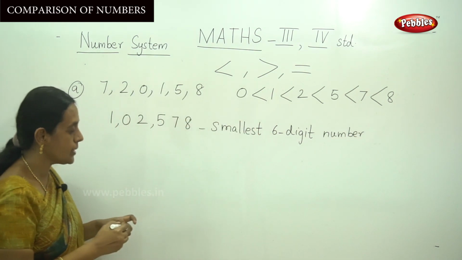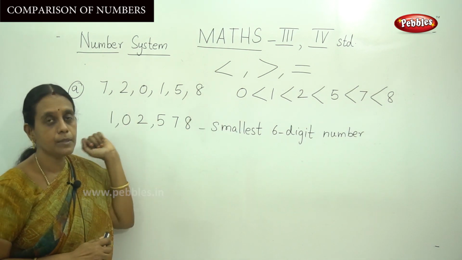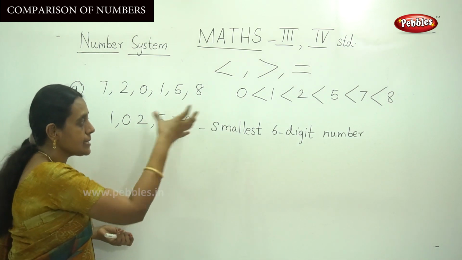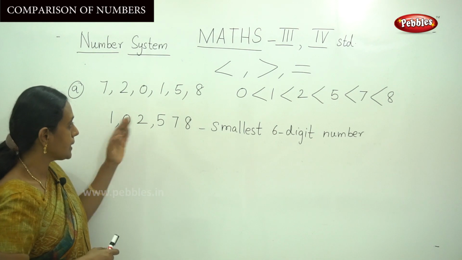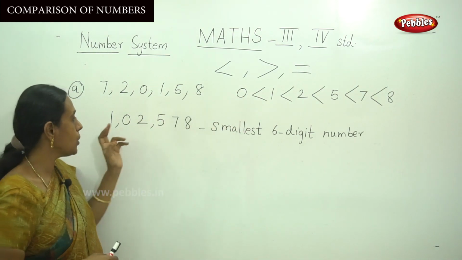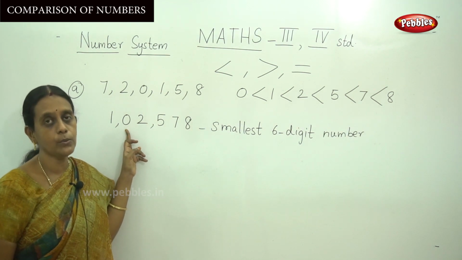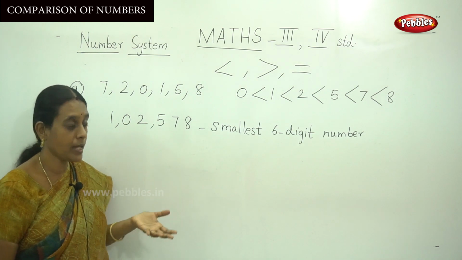Okay, do you understand, children? First you take the separate numbers, arrange them in increasing order, and make them a single number, similar to what we have already arranged. But 0 has no value, so don't put 0 as the first digit.